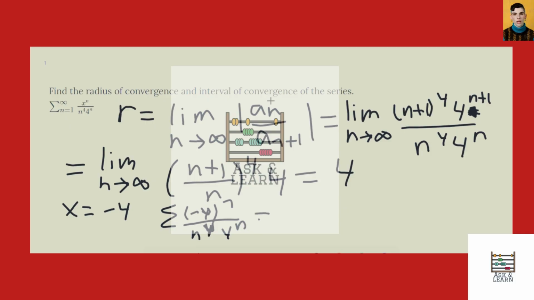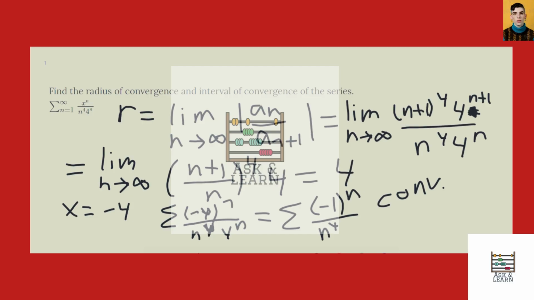So (minus 4) to the n divided by 4 to the n is going to turn into (minus 1) to the n, because (minus 4) to the n is (minus 1) to the n times 4 to the n, and then 4 to the n will cancel out with the 4 to the n that we have down there. And then this will converge by the alternating series test.